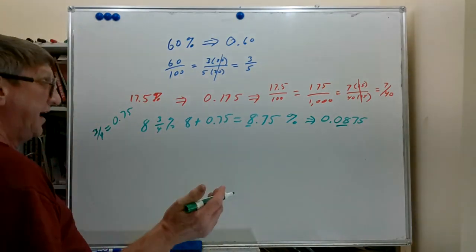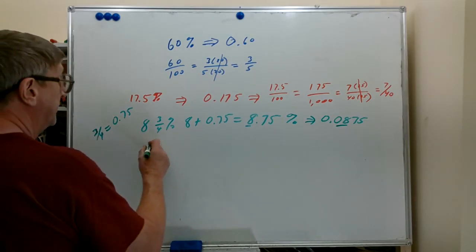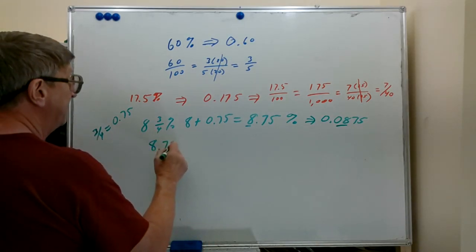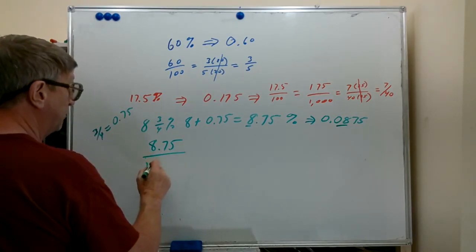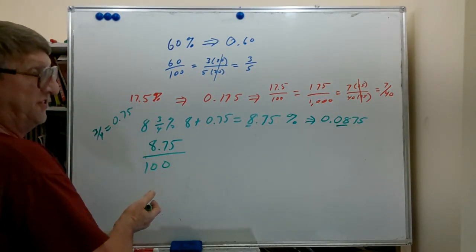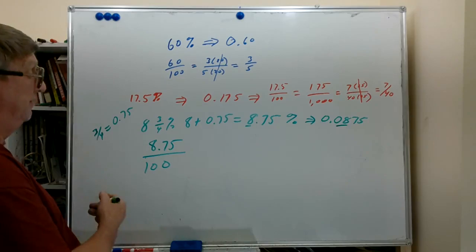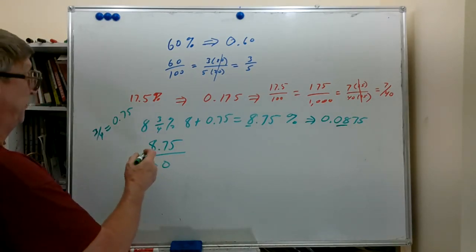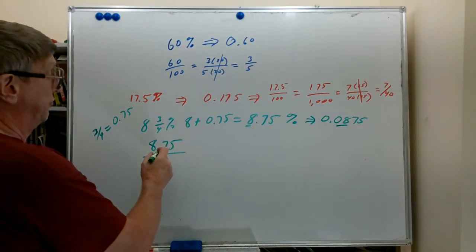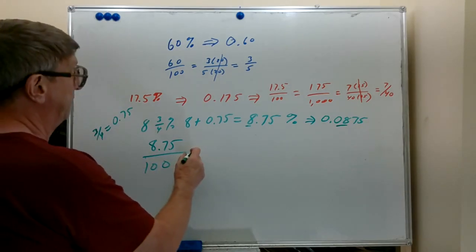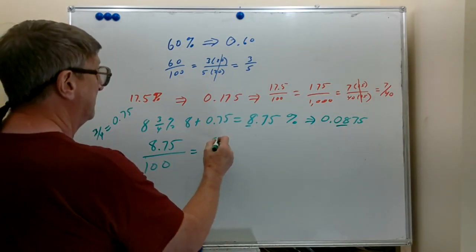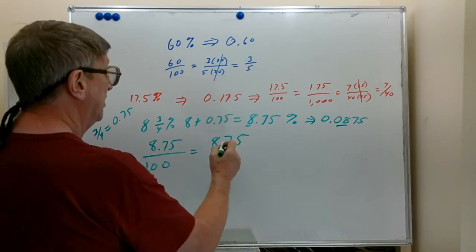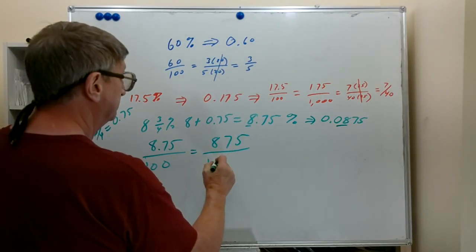Let's convert this now to a fraction. 8.75 over 100, that's our rule. 100 is the denominator of the percent. Now we want whole numbers, so multiply the numerator times 100, the denominator times 100. That gives us 875 over 10,000.